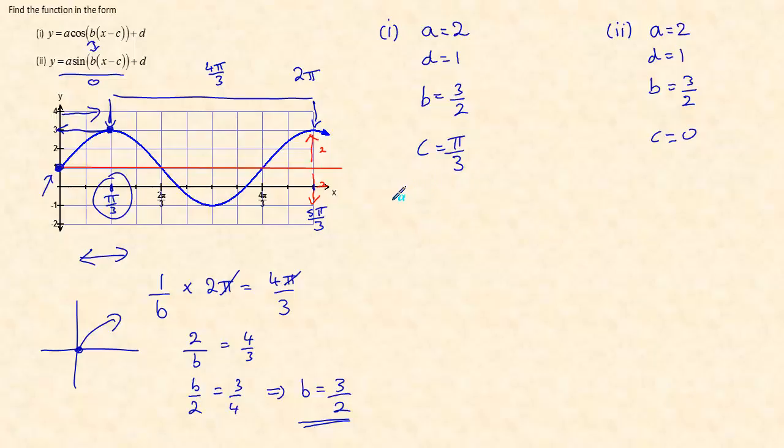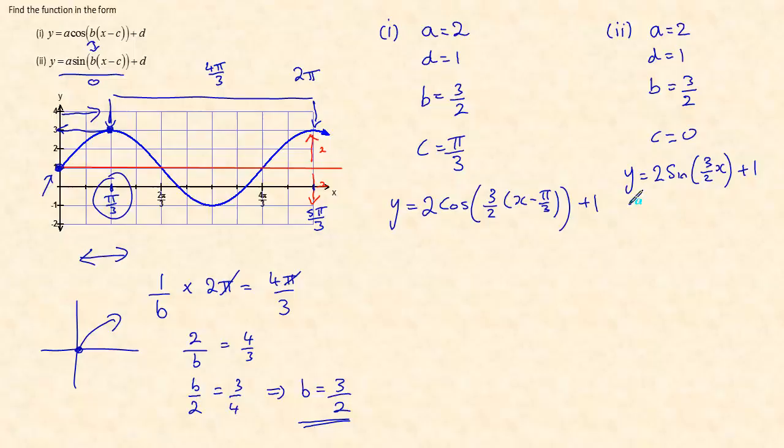So for part 1, that gives us y is equal to 2 cos 3 over 2 x minus pi by 3 plus 1. And for part 2, it's going to be y is equal to 2 sine 3 over 2x, there's no c, plus 1. And we're going to plot these and see how well we've done.